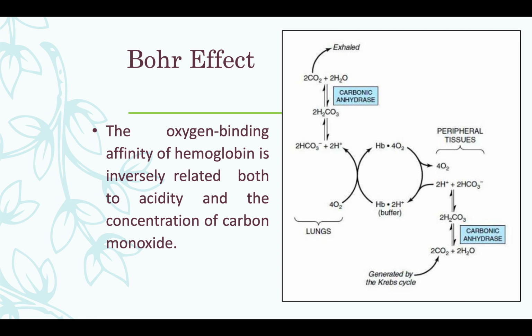Note here that during the conversion of carbon dioxide into bicarbonate, or carbonic acid into bicarbonate, the liberated hydrogen ions are buffered by hemoglobin. This buffering helps maintain the normal pH.